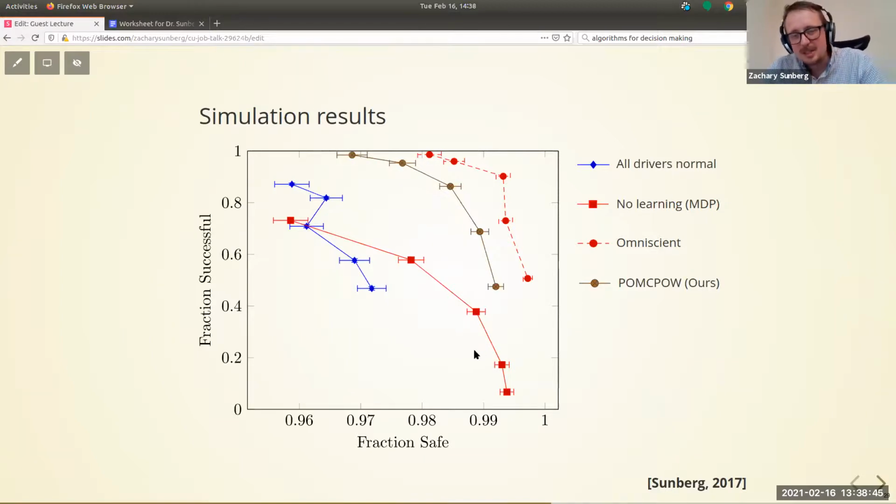With POMDP planning, we're not able to plan as well as the omniscient planner, because we still have to rely only on our belief, not true knowledge of the internal states, but we're able to almost close that gap. That could mean a big jump in success without compromising safety at all, or a big jump in safety without compromising efficiency.